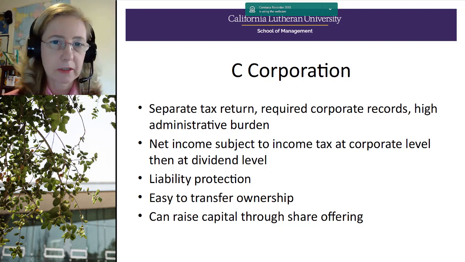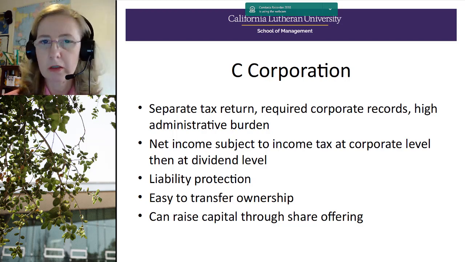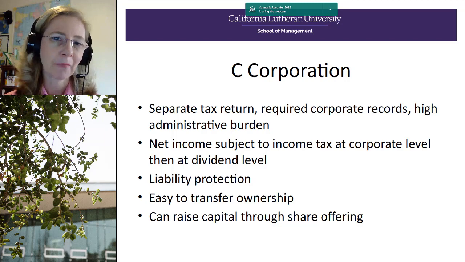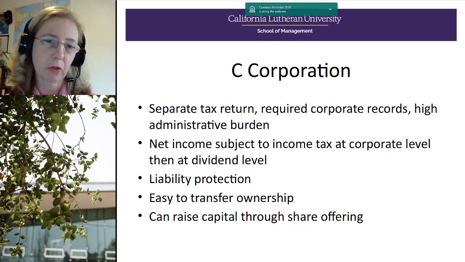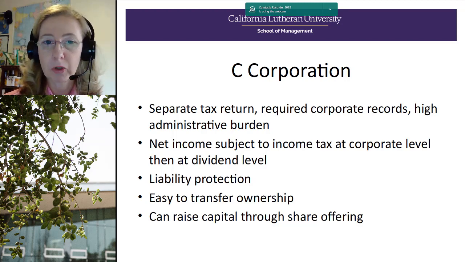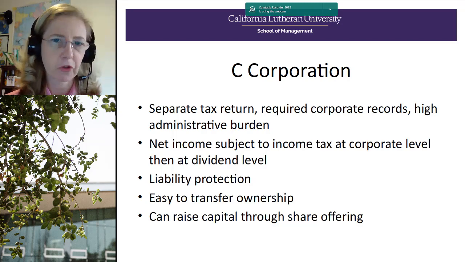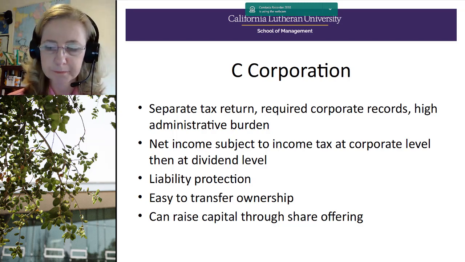So it is definitely a form of business that is important to our economy, our national economy. But by and large, small business owners are not going to be C corporations. They're going to be other types of entities, mostly for the lower administrative burden, but also a lot of times for the tax attributes as well.